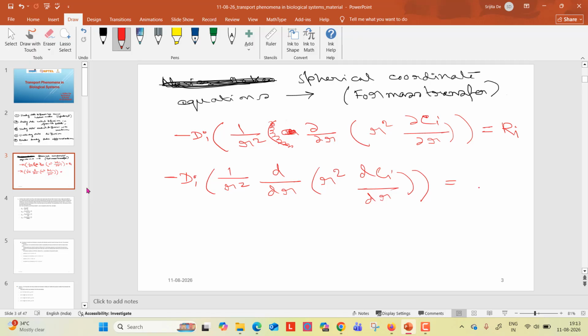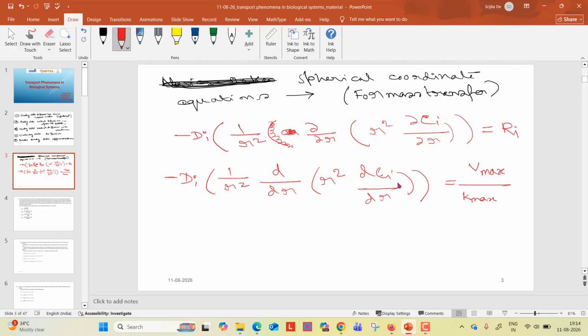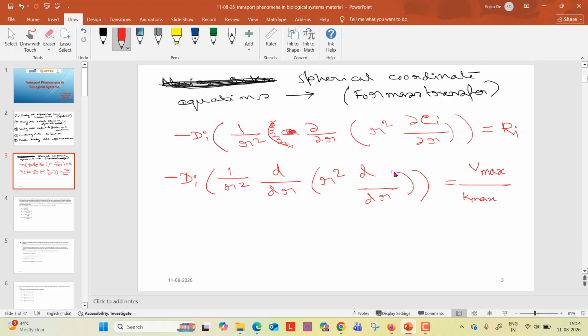So we considered it as Vmax by Km plus S. Also you can write it as S. S is the substrate concentration.